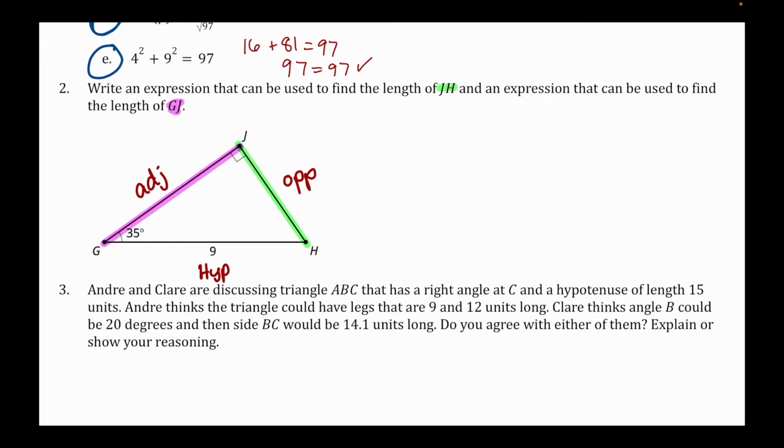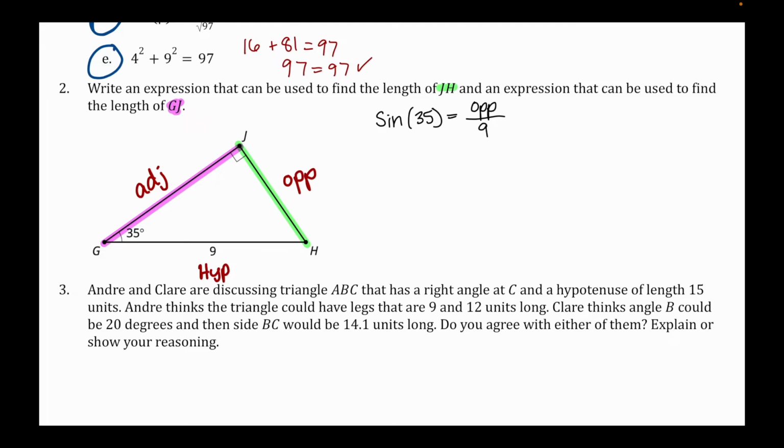So what can we do? We can use both sine and cosine of 35 to individually find our opposite and then our adjacent, using our hypotenuse. So I know that the sine of 35 should be equal to whatever that opposite side is over my hypotenuse.